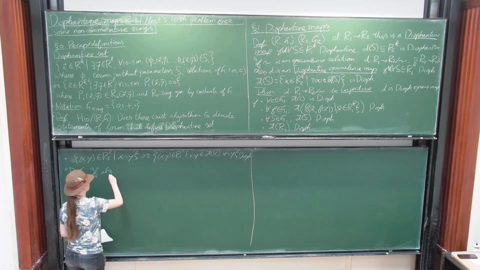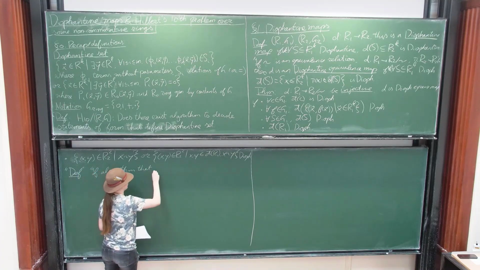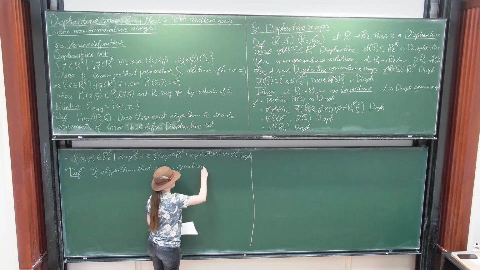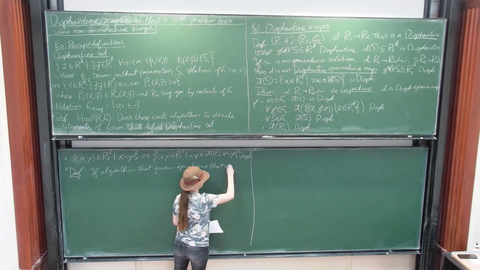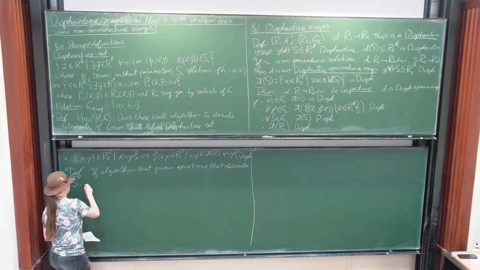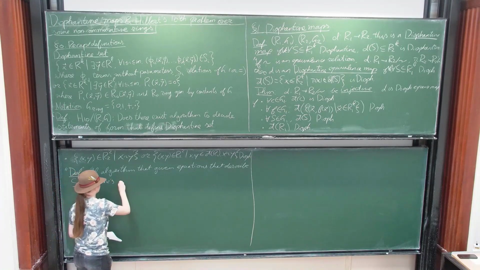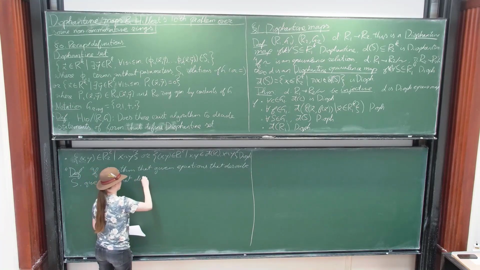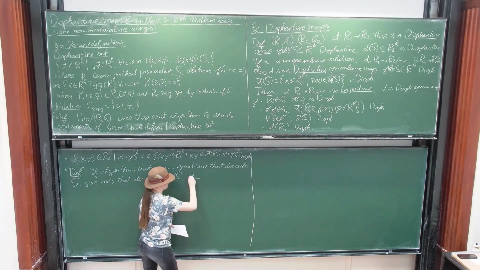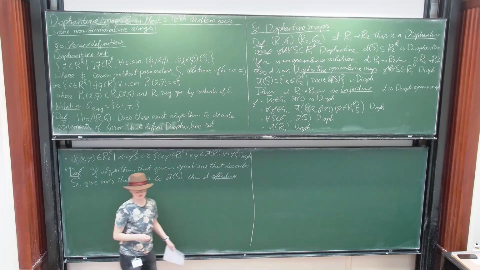If you have an algorithm that, given the equations that describe S, gives the ones that describe D bar of S, then D is effective.